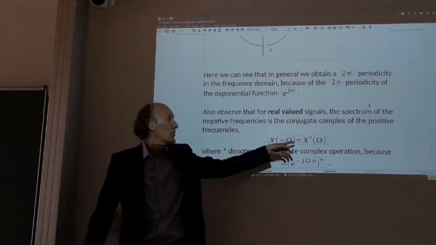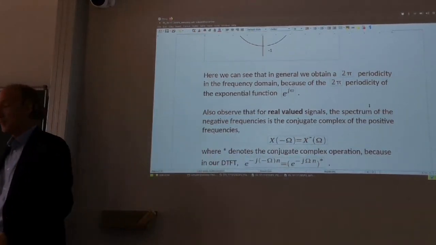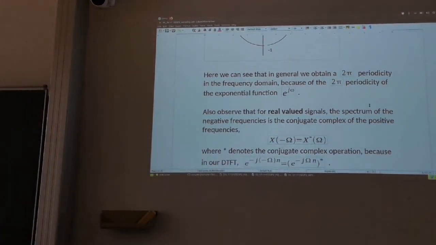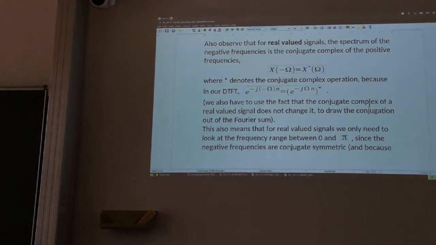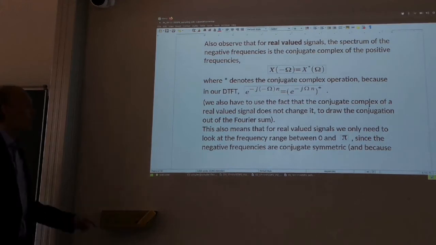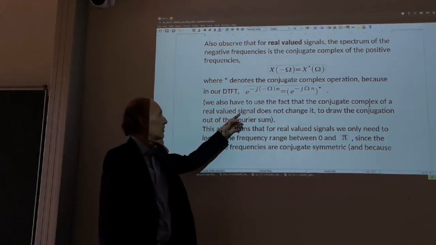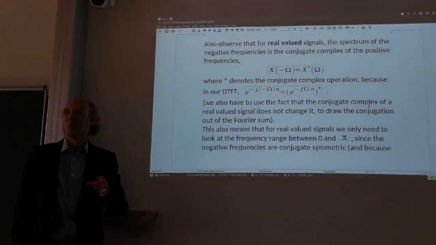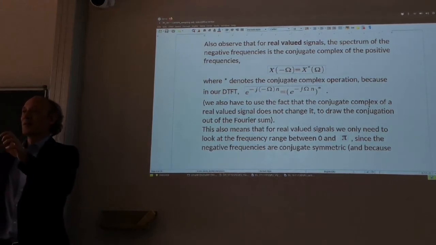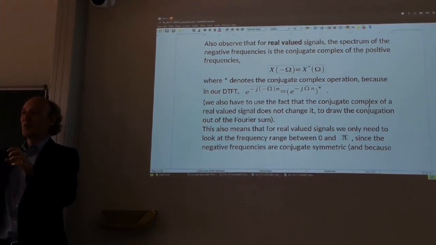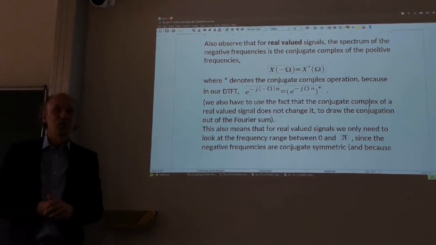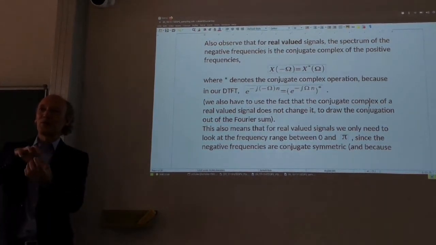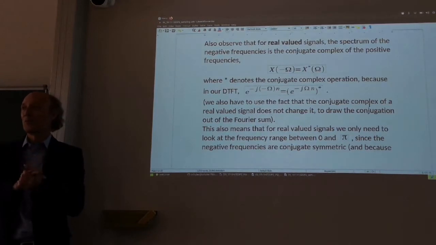The star here means conjugate complex. We need the property of a real-valued signal because then the coefficients of e to the j omega don't change under the conjugation. Otherwise, you would also need to conjugate the coefficients, and then it doesn't work anymore.